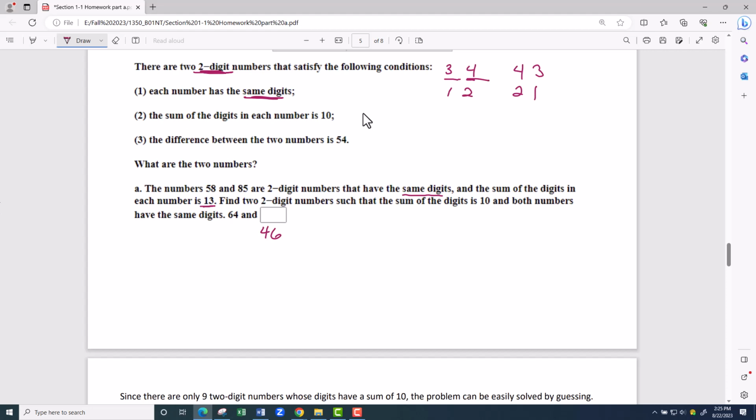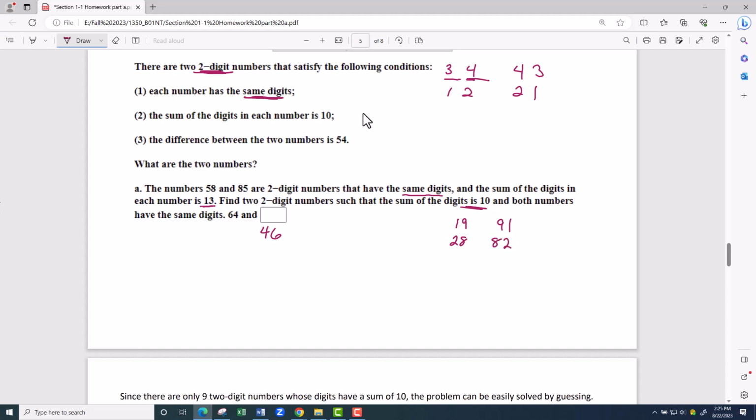Now let's think of all of the two-digit numbers that would have a sum of 10. That would be 19 and 91, 28 and 82. Think about it.